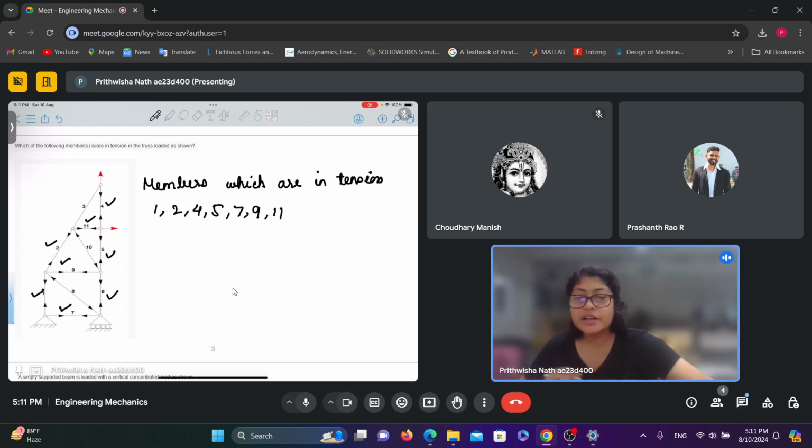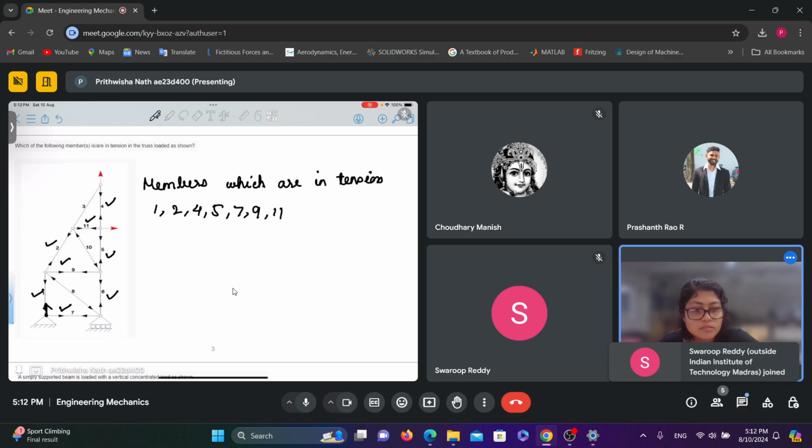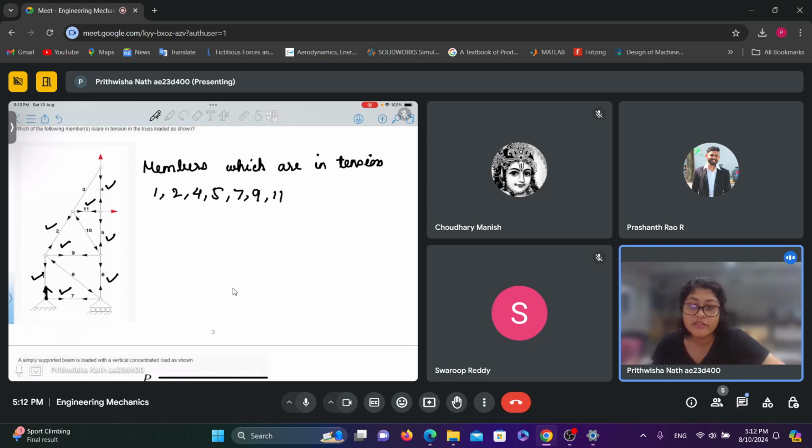Is this clear to everyone? Here you can see that the arrows are pointing away from the joint. So I can find out the members where the forces are acting away from the joints.